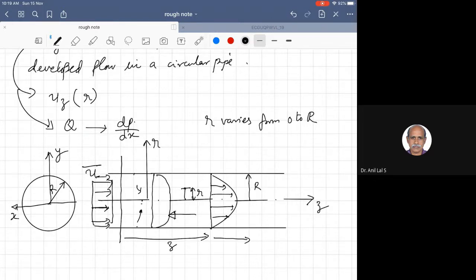With increase of z, this velocity distribution does not change. Such a velocity distribution is called the developed flow velocity distribution.